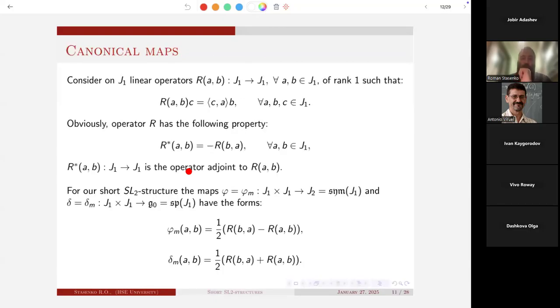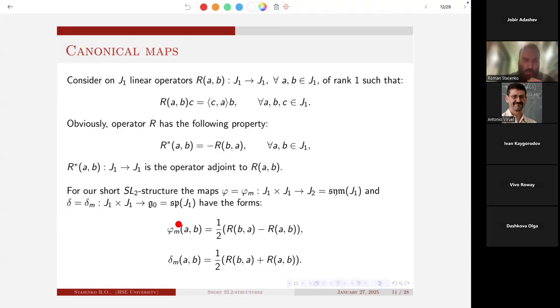What is interesting here is that we can obtain what the bilinear maps phi and delta are in this case. If we take on G1 linear operators of rank 1, which satisfy these two formulas, we can consider two canonical maps, phi m and delta m.